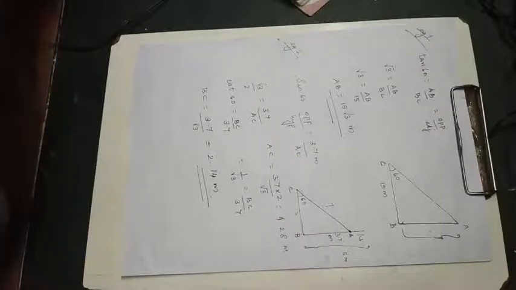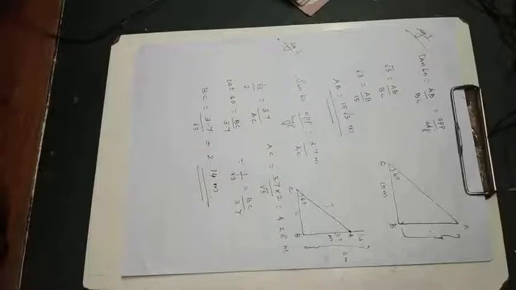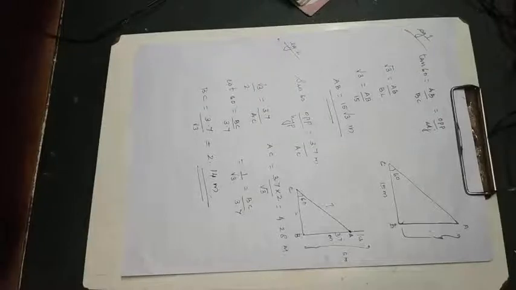Now third one, an observer 1.5 meter tall is 28.5 meter away from a chimney. The angle of elevation of the top of the chimney from her eyes is 45. What is the height of the chimney?